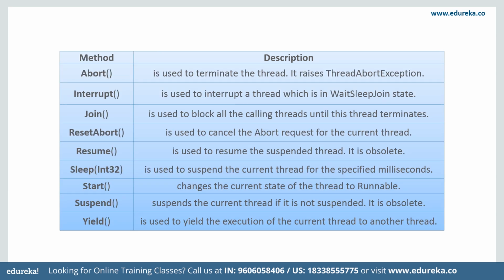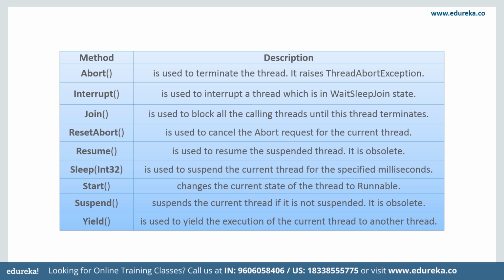Followed by this, we should look into the thread methods along with their descriptions. We have the Abort method, which is used to terminate the thread. It raises ThreadAbortException. Then we have the Interrupt method, which is used to interrupt a thread which is in the wait, sleep or join state. Then we have Join, which is used to block all the calling threads until this thread terminates. We have ResetAbort, which is used to cancel the abort request for the current thread.